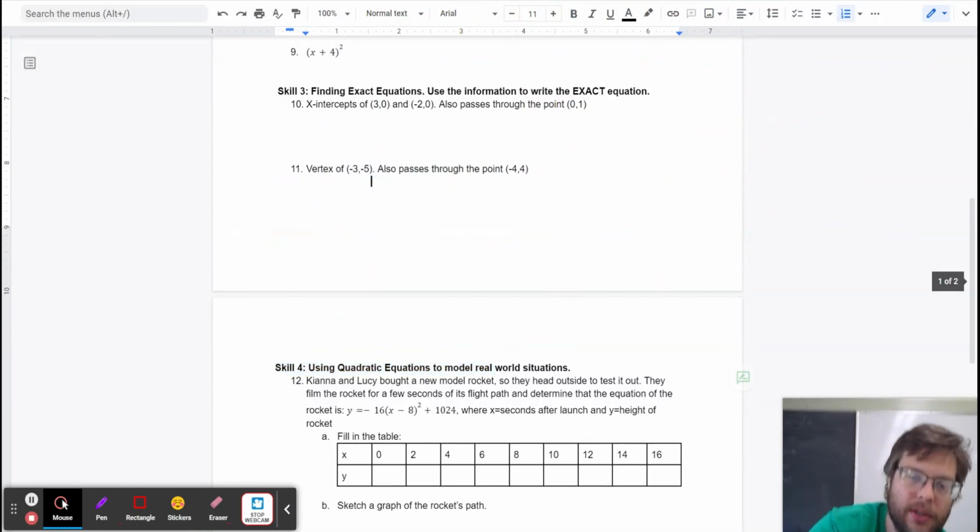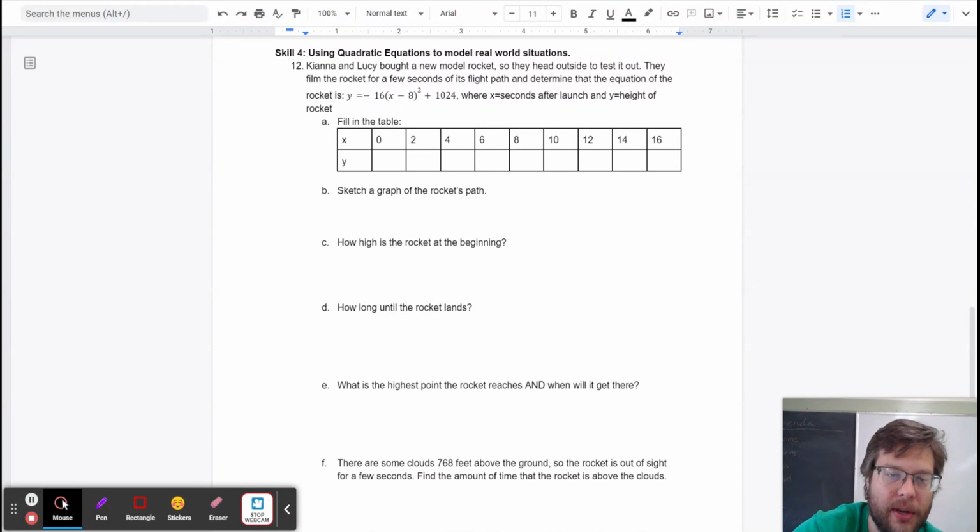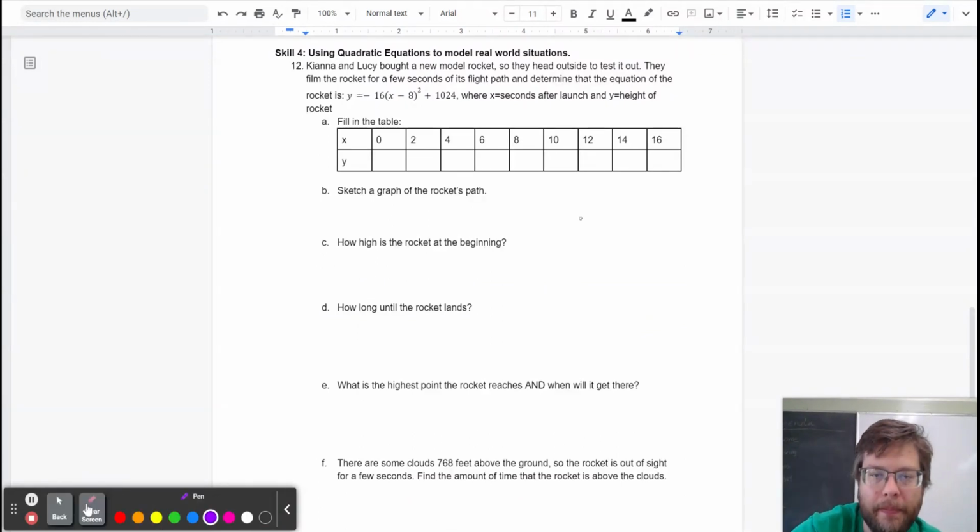All right, similar to what I was just talking about with the project, we've got a real-world situation. Kiana and Lucy bought a new model rocket, and they're testing it out. They film it, and they determine that that is the equation right there. So you can use a calculator on this because it becomes really tedious to do, like right here, 0 minus 8 is -8, square that, you get 64. 64 times 16 is a big number.